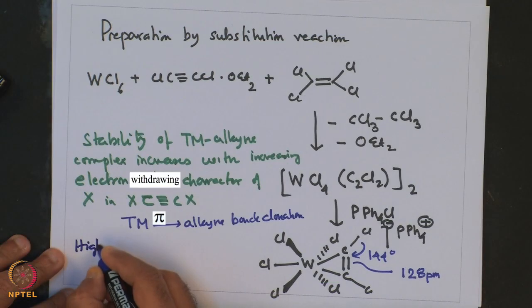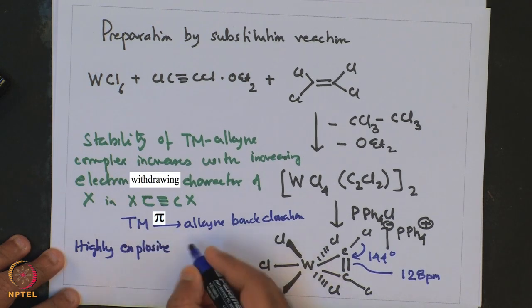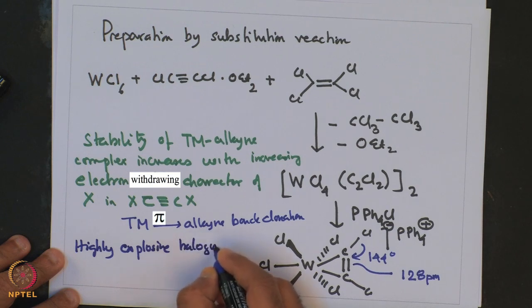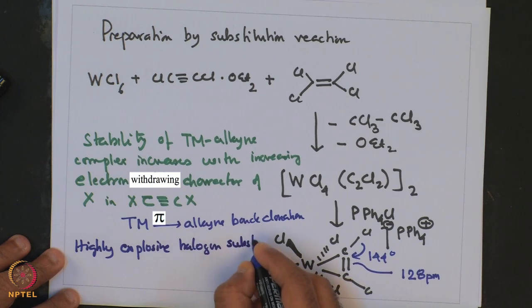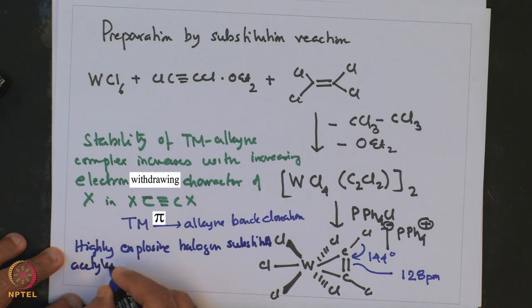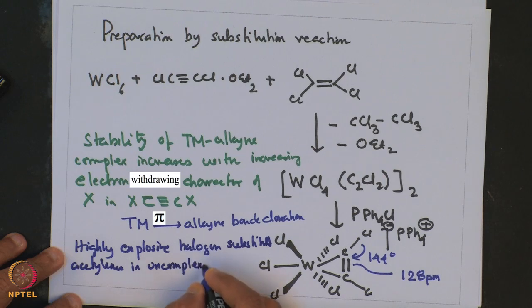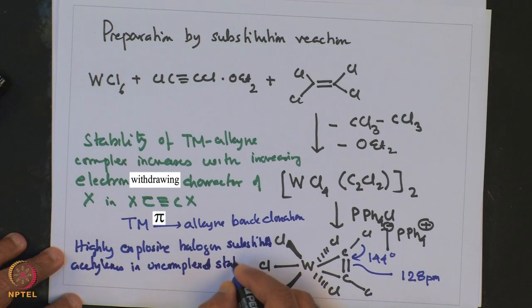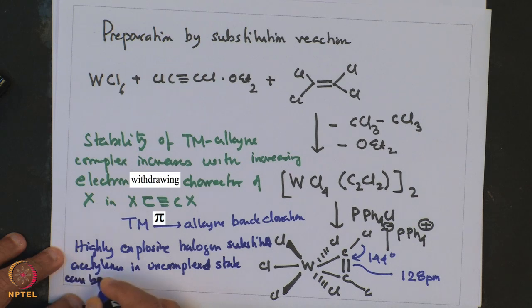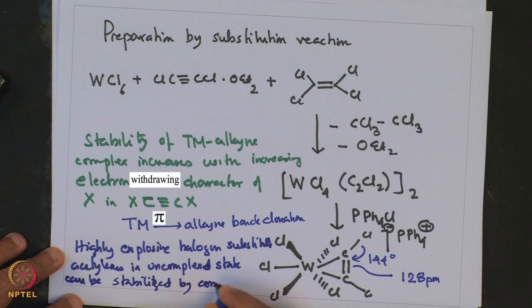Thus, highly explosive halogen substituted acetylenes in uncomplexed state can be stabilized by complexation.